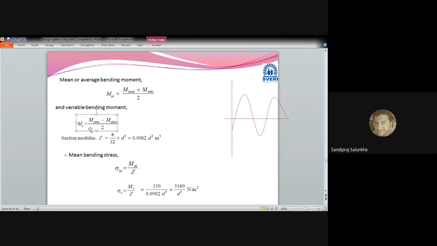You calculate the variable bending moment. Nana Sahib Shinde, are you listening to me? Hello? Five people have got this value as 110 Newton meter.